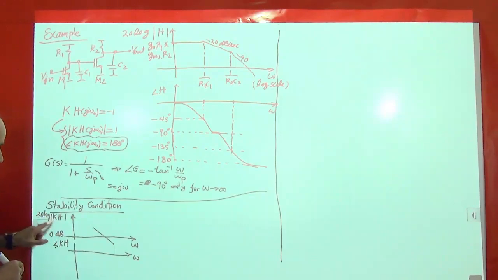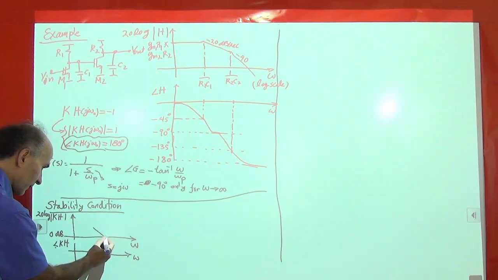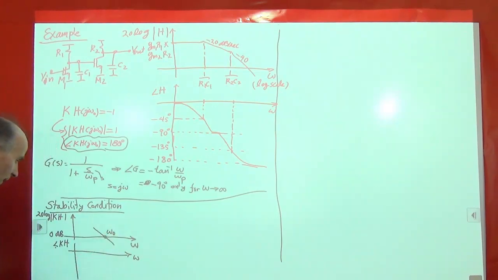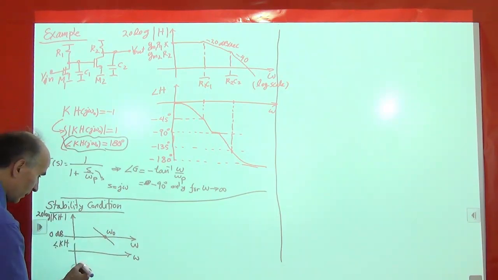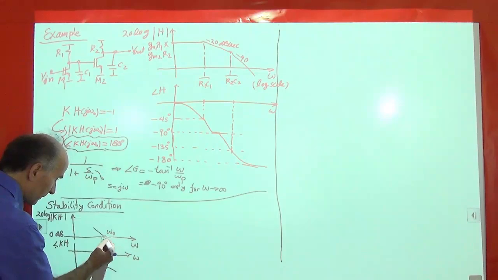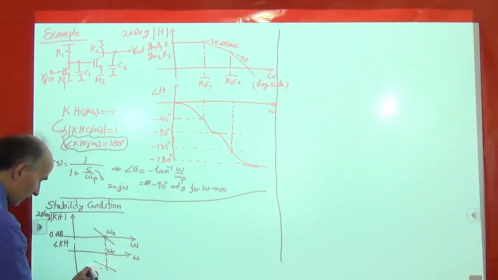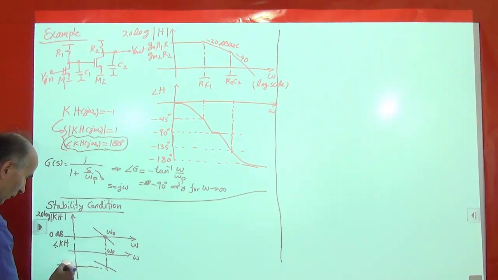So when this 20 log reaches 0 dB, it means that this magnitude has reached 1. Let's say this happens at some frequency, which we call ω0. And the phase at that frequency also happens to be minus 180 degrees. So it's also ω0 here, and this phase is minus 180 degrees.